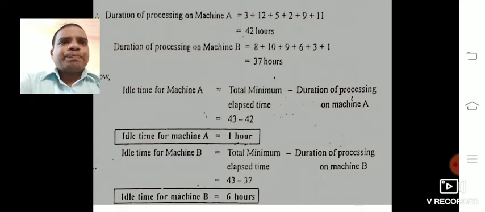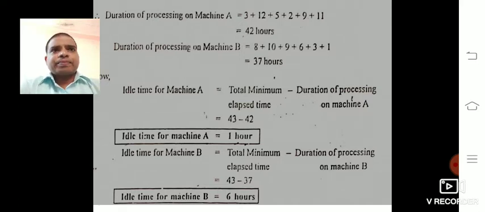Now idle time for machine B is total minimum elapsed time minus duration of processing on machine B. The total elapsed time is 43, minus the duration of processing on machine B, that is 37. 43 minus 37 gives 6 hours, that is the idle time for machine B.